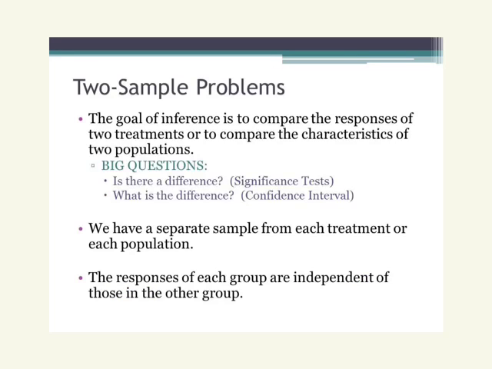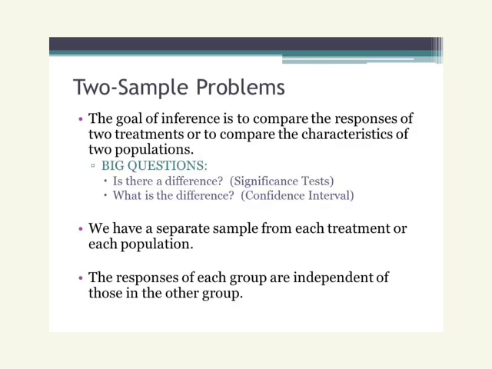So when we talk about two sample problems, it's boiling down to a few things. Again, the goal of inference is going to be to compare the responses of two treatments or to compare the characteristics of two populations. And we can really boil this down to two big questions. One, is there a difference between our populations? If they're asking, is there a difference, then we're talking about a significance test.